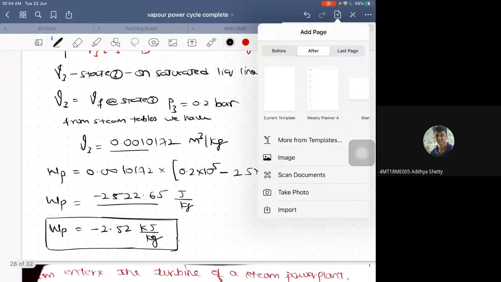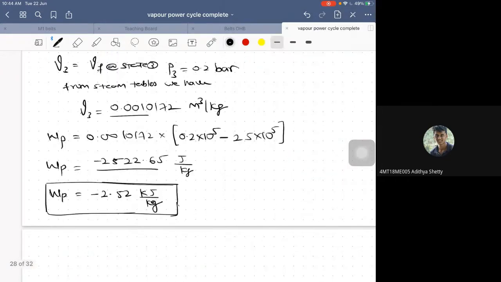Next, you can use the other relation for WP also. We have that WP is equal to H3 minus H4. WP is minus 2.52 kilojoules per kg.